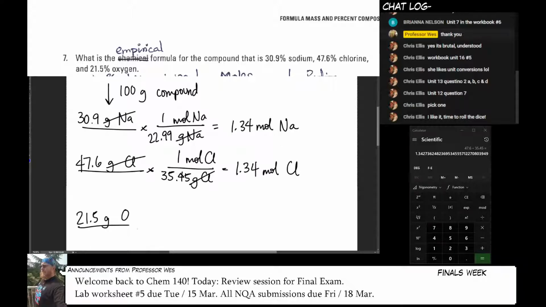And then 21.5 grams of oxygen. 21.5 over 16. Lo and behold.